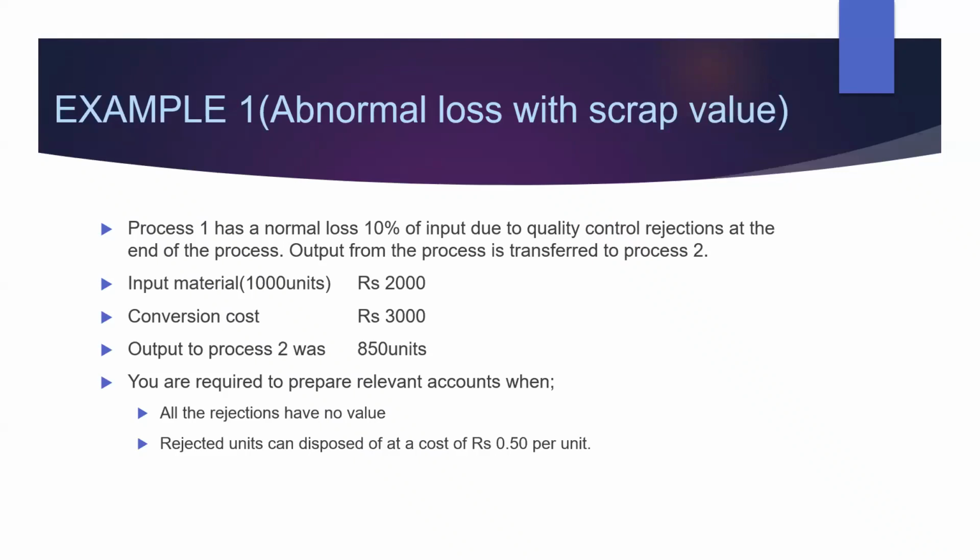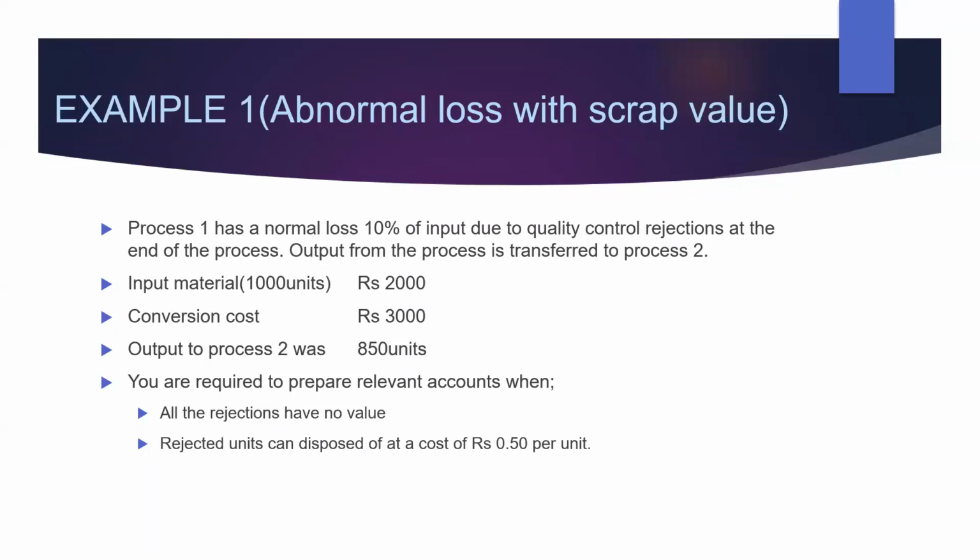Input material: 1,000 units, rupees 2,000. Conversion cost: here the conversion cost includes the labor as well as the overhead, so the conversion cost is rupees 3,000. Output to process 2 was 850 units. You are required to prepare the relevant accounts when all the rejections have no value, which means the normal loss has no value.